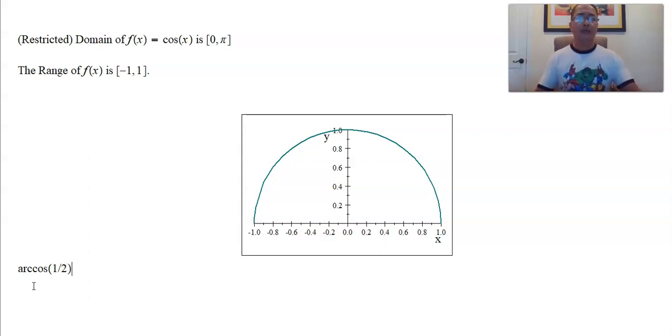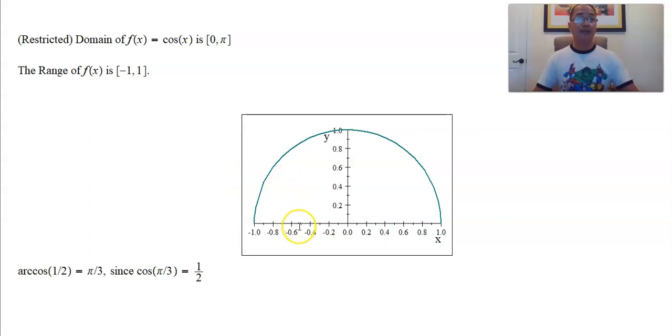We need to ask, what is the angle between 0 and pi whose cosine is 1/2? If you remember your trigonometry, that should be the angle pi over 3, okay? Because if we check the cosine of pi over 3, we get, boom, 1/2.